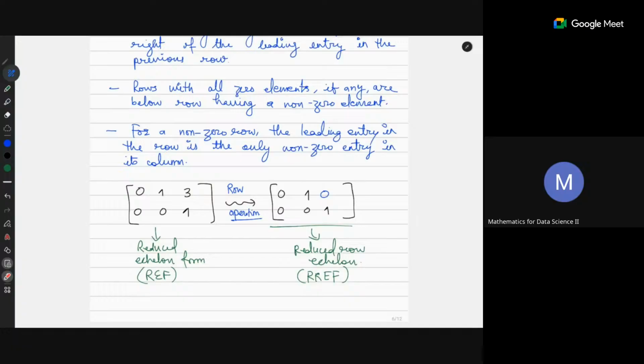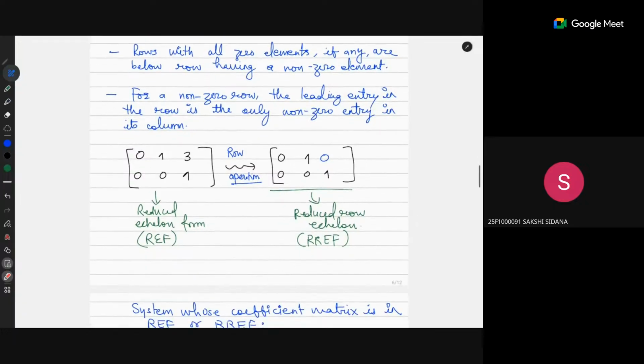Sir, by this it will disrupt the second row, no? No, it doesn't. Can you repeat your question?